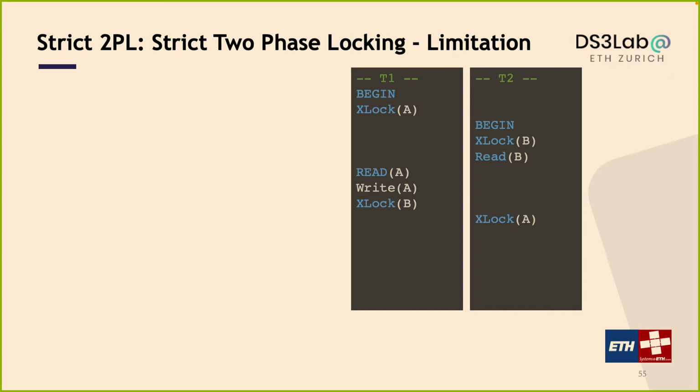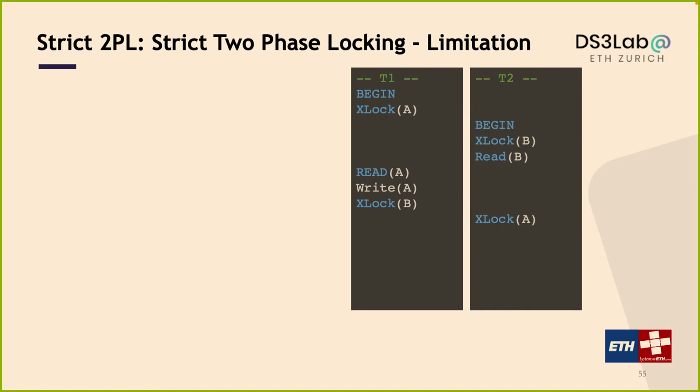T2 reads A, T1 reads A, whatever. Then T1 acquires a lock on B. And then T2 acquires a lock on A. Is this allowed under strict two-phase locking? It is allowed, right? And nothing is wrong, right? T1 keeps acquiring locks, T2 keeps acquiring locks. They are both growing. There's nothing wrong with this.